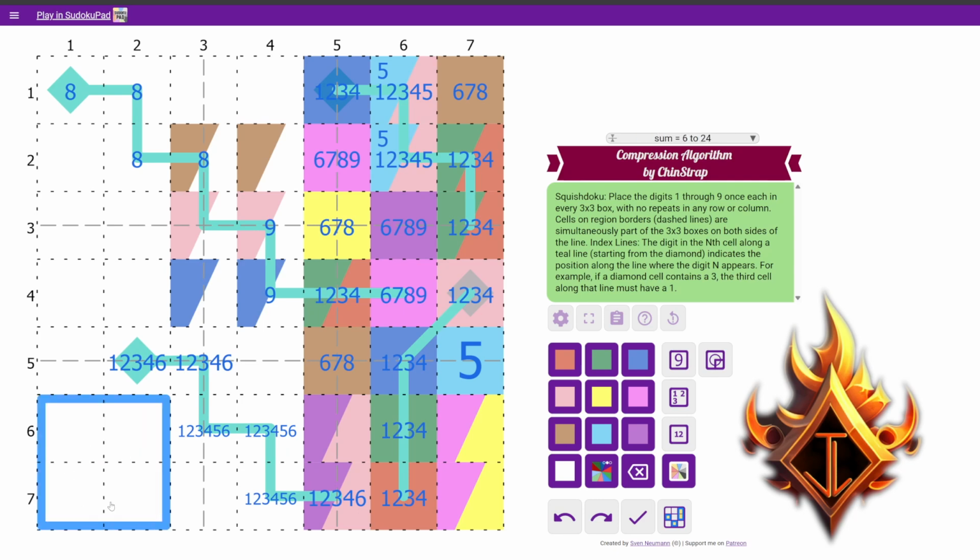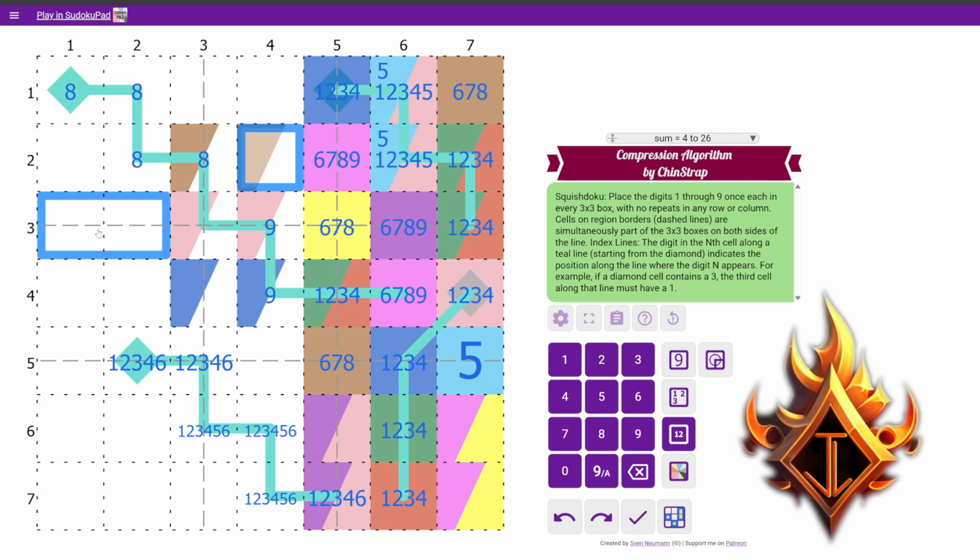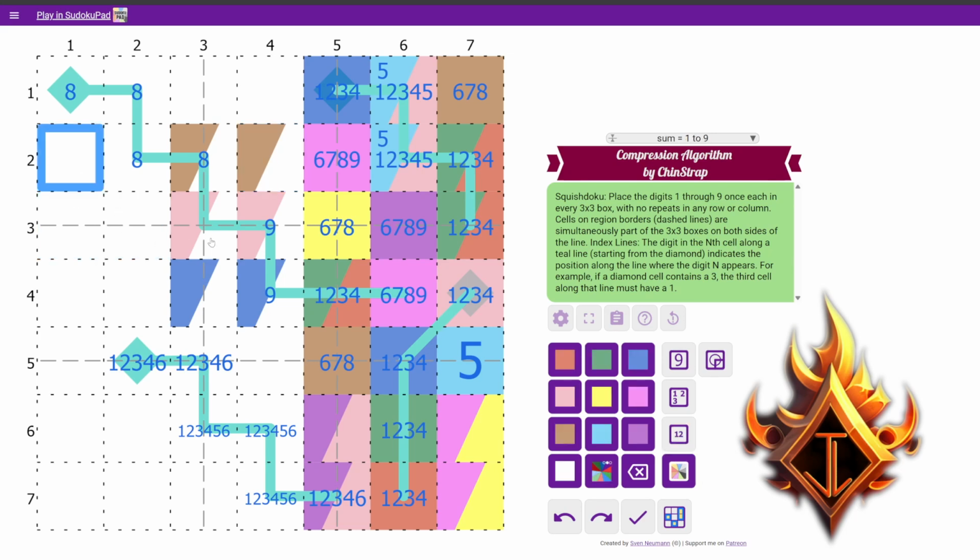Brown. Brown can go in any of those. If brown goes here, brown will go in one of those. That's okay, I think. I do find some high digits over here though, and they're not on this line, I can start ruling out 8.